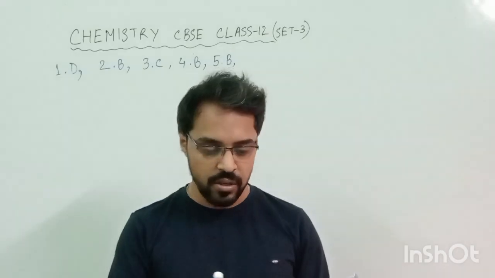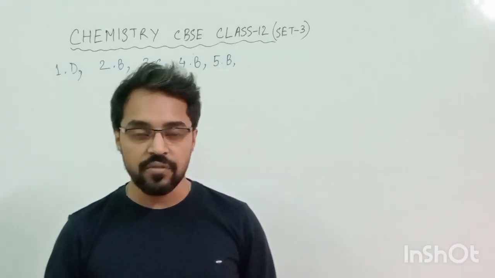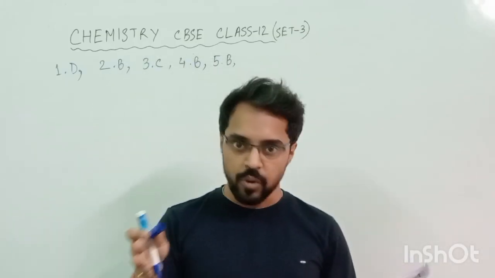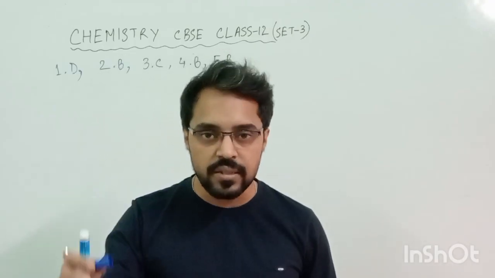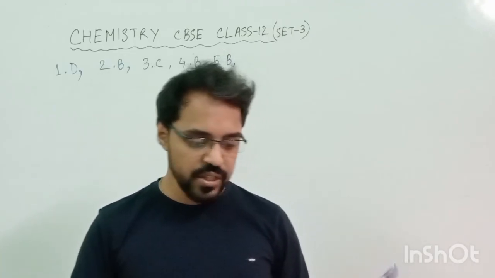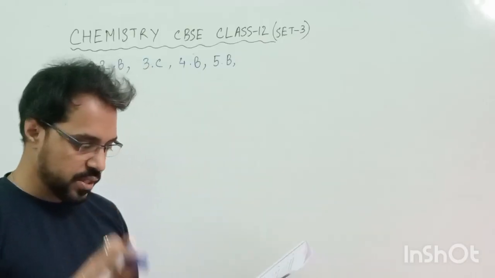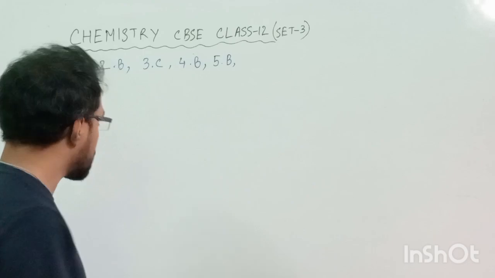So Kb will be multiplied by 2. So 0.52 multiplied by 2 is 1.04, and the boiling point is 100 plus 1.04. So the option is B, 101.04 degrees Celsius.